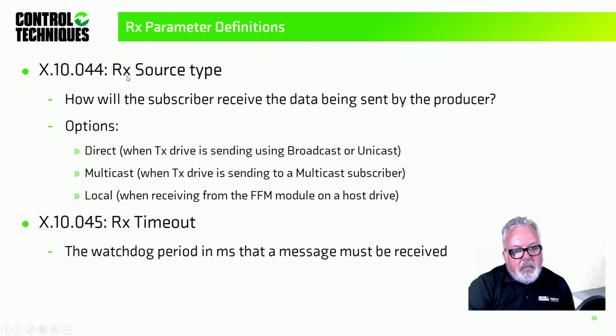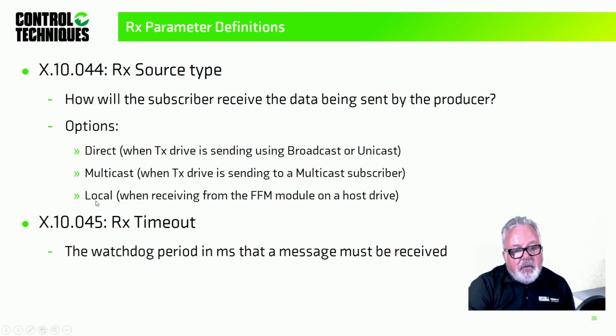And then the source type. This depends on how the producer is sending the message. So if he's sending it as a direct message, then I'd choose direct. If I'm going to be part of a multicast group, then I'm going to receive it as a member of a multicast group. So I would match the multicast that the producer is sending.